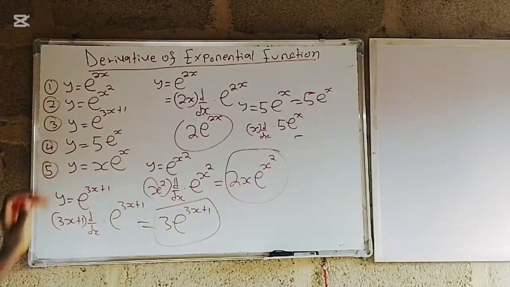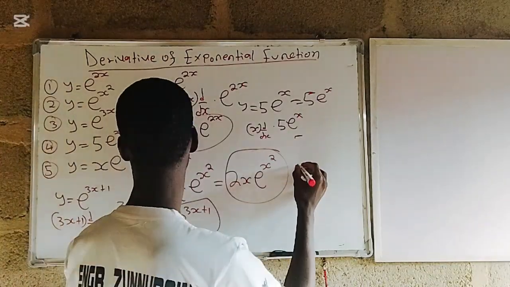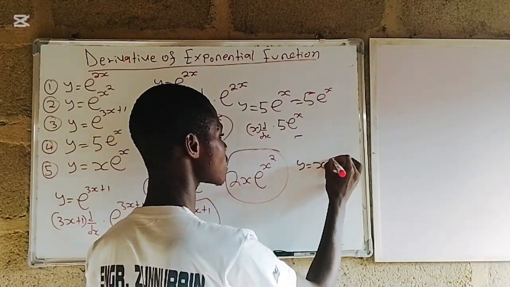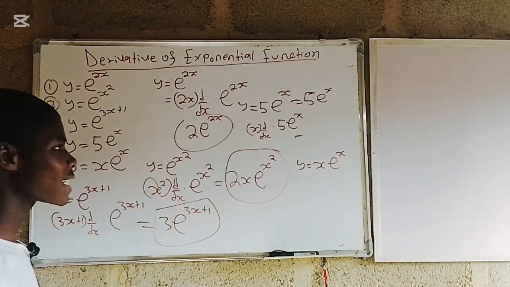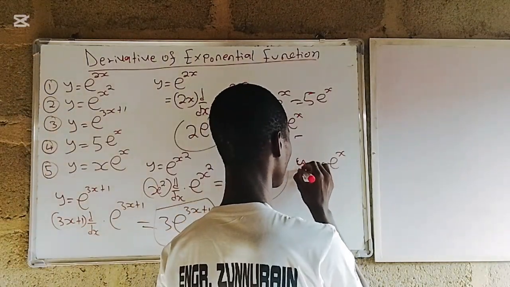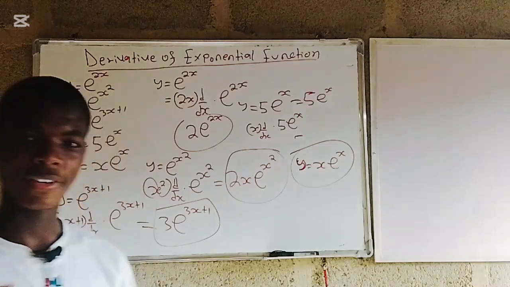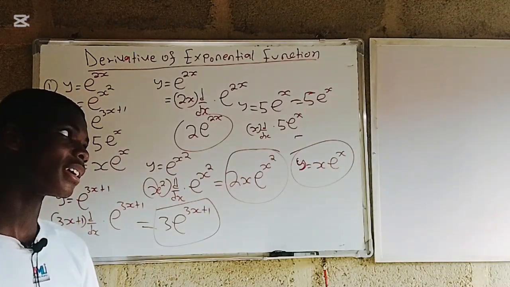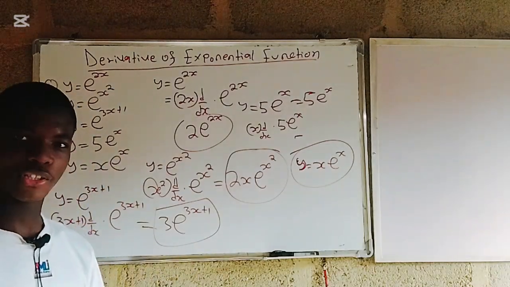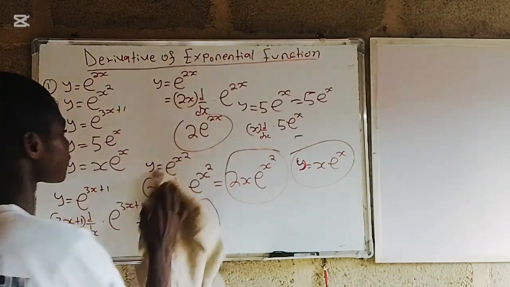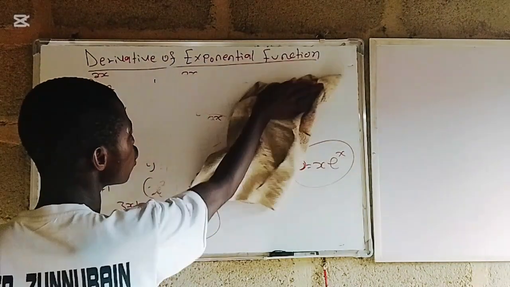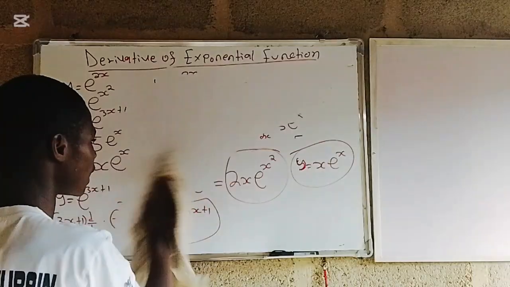So the last but not the least, y equals x e to the x. What will be the answer? We can't differentiate this directly because this is a product rule. The product rule says that we are going to use its formula.